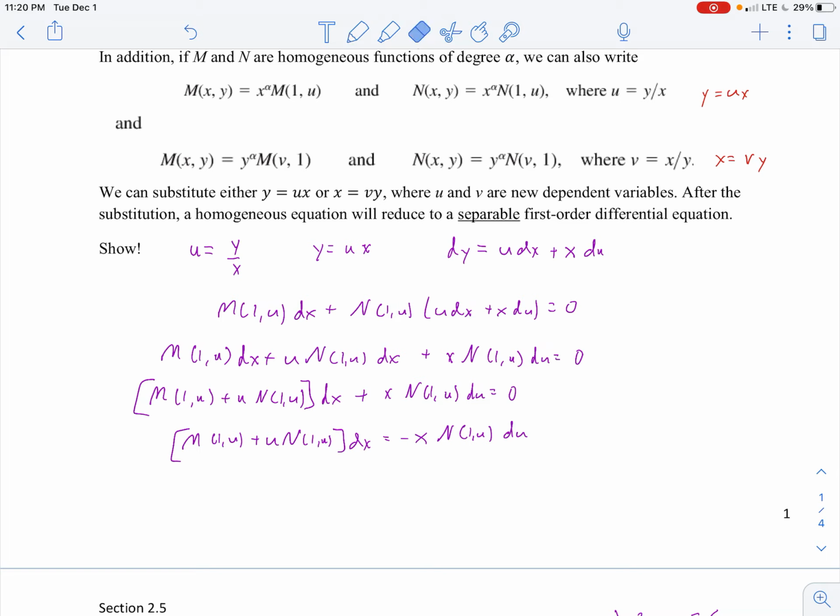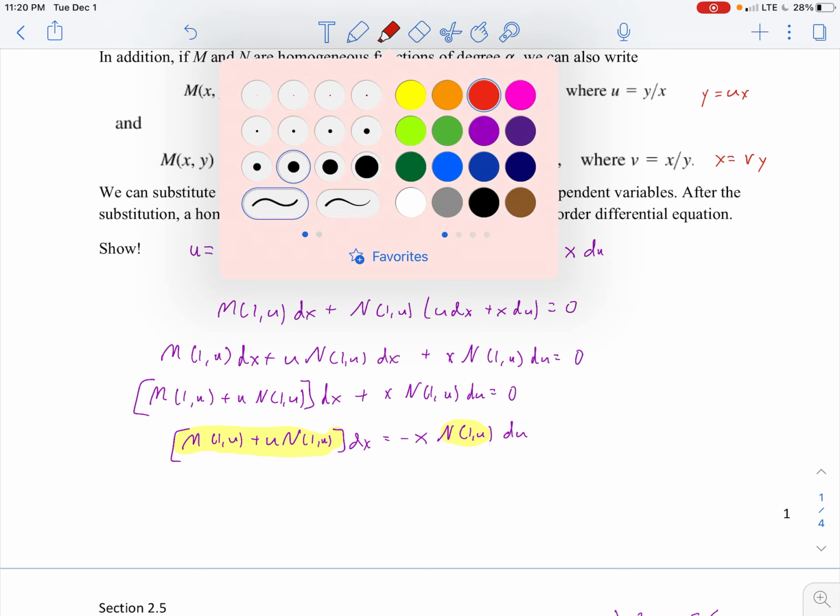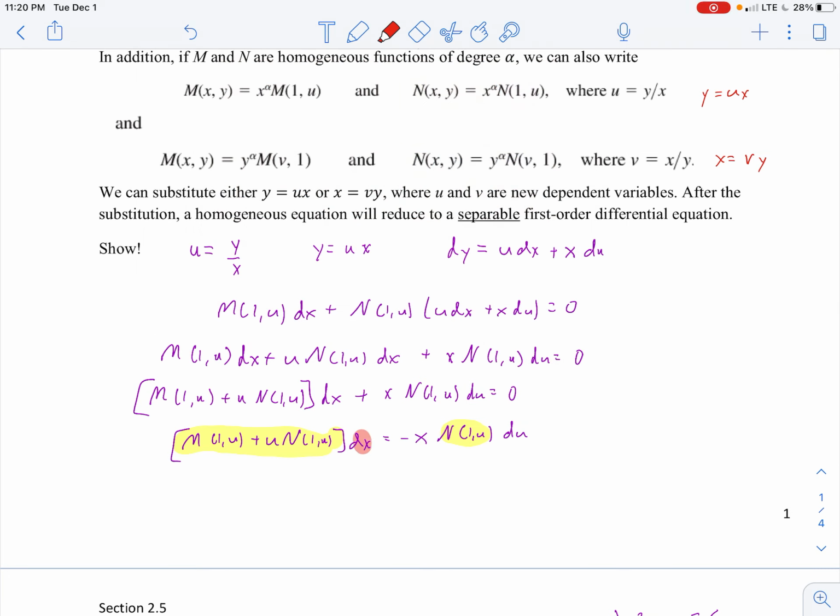Now notice everything in this part is a function of u, and dx and negative x are values of x.